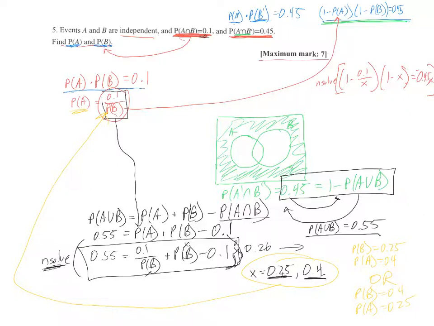All right, and like I say, even if you only got one of these and you solve for this right here, you'd still get 6 out of the 7 marks, which is pretty good.